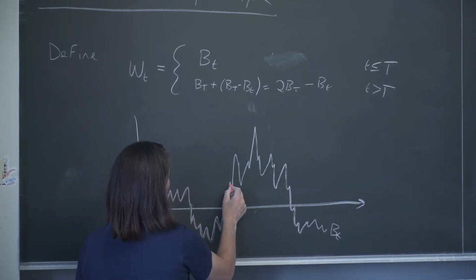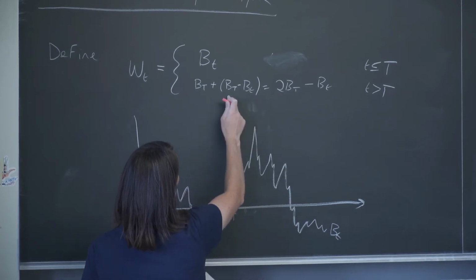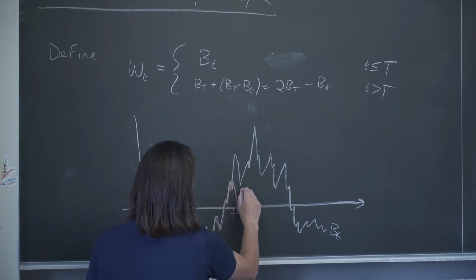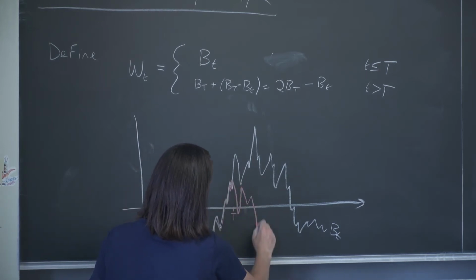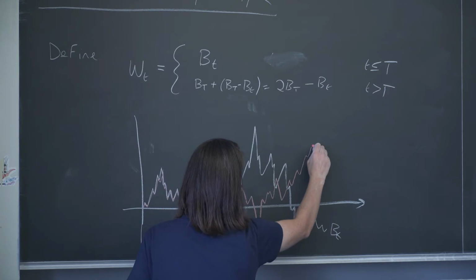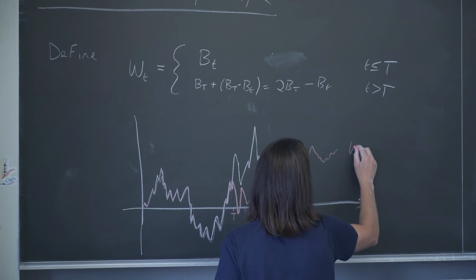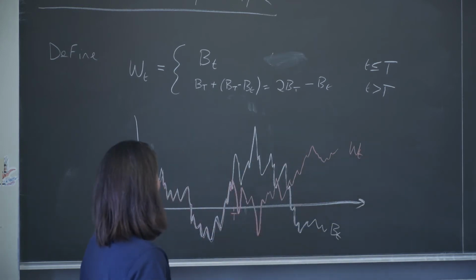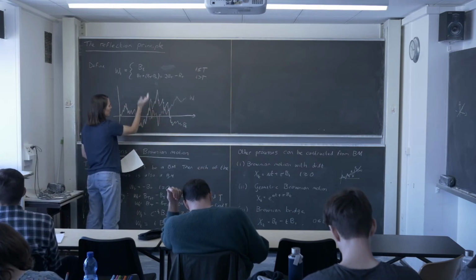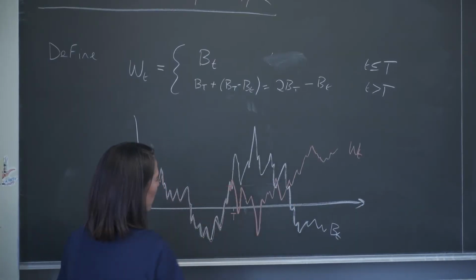Well, then I take the value at time T, but I add in minus Bt minus BT. So I'm reflecting what's going on over here. So it's quite hard to draw this. But in essence, this is what we have. So this in pink I've got here is Wt. Okay, so I've run a process up to a fixed time, and then instead of following my original trajectory, I just reflect that original trajectory from that point where we agreed.